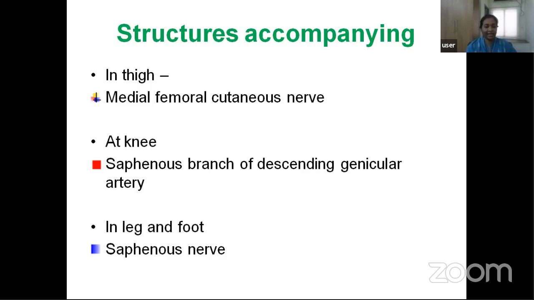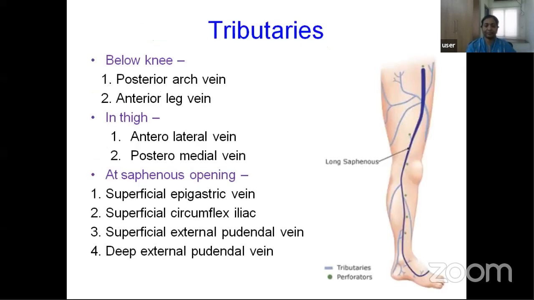And in the leg and the foot, it is accompanied by the saphenous nerve. The saphenous nerve, which is again a branch of the femoral nerve and the longest cutaneous nerve, accompanies it in the leg. So these are the three structures which accompany the great saphenous vein.